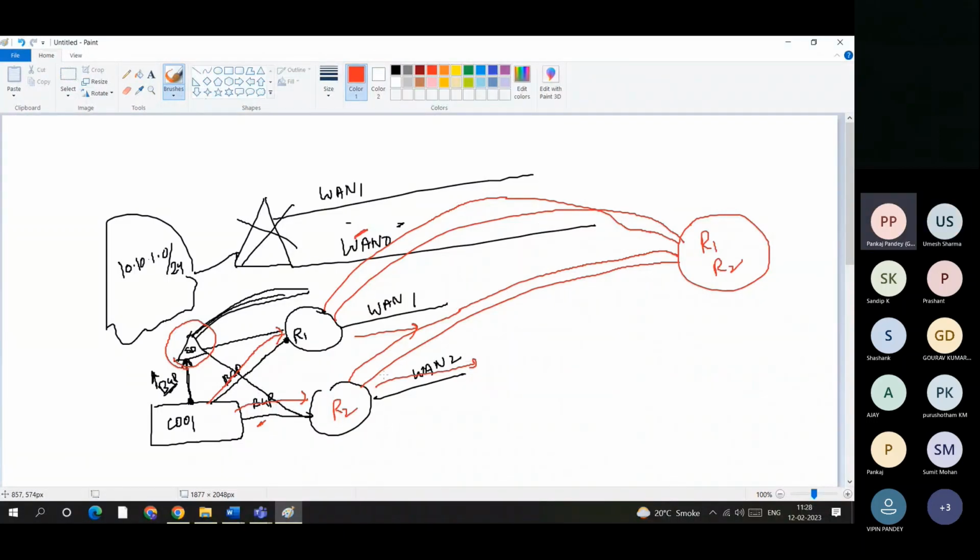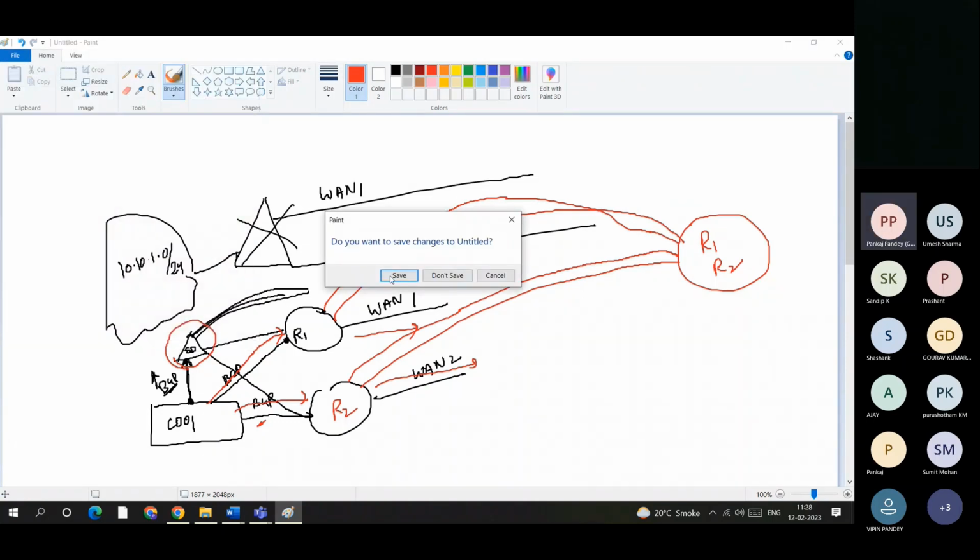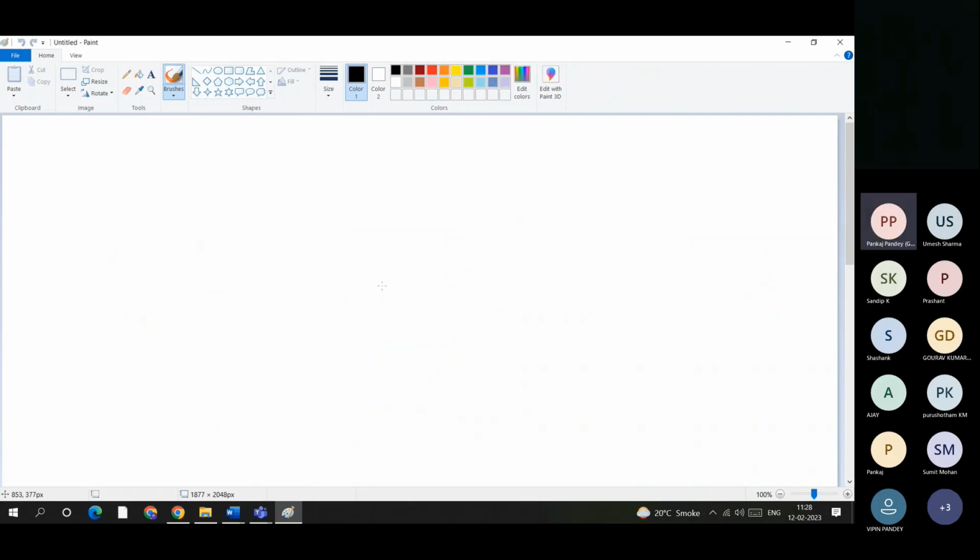So our internet, like ISP. Suppose you have an MPLS link. How is MPLS connected? MPLS means you are making BGP connections with your service provider. If I am talking about this, this is our MPLS link, which is terminated on our premises. How does the service provider give you the MPLS link?